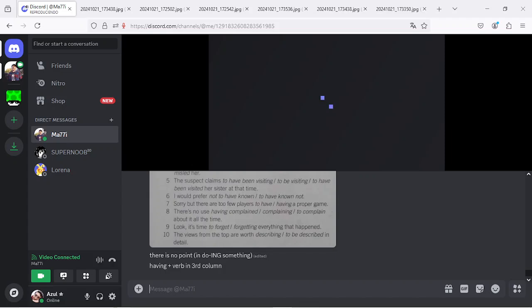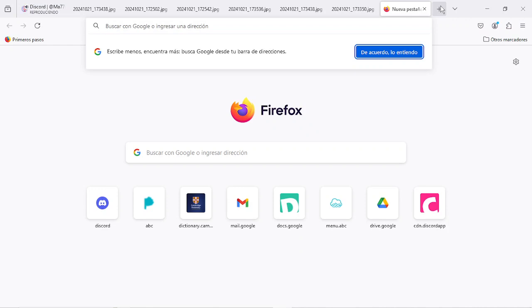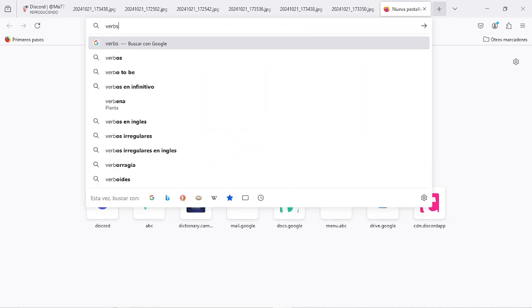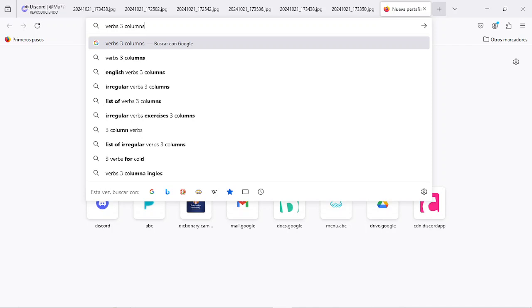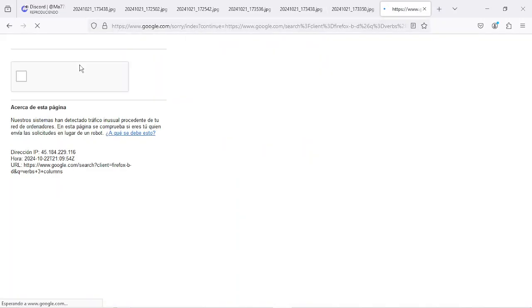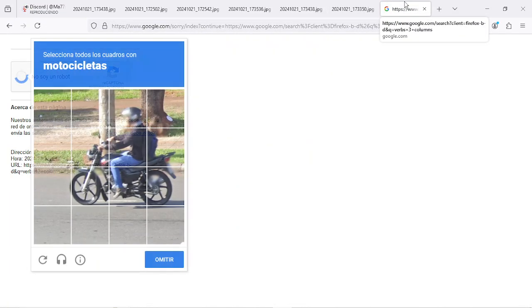I don't know. Okay, let me look up some examples. Let's see, verbs, 3 columns. Let me try to fetch some image from Google. I have to do a captcha.